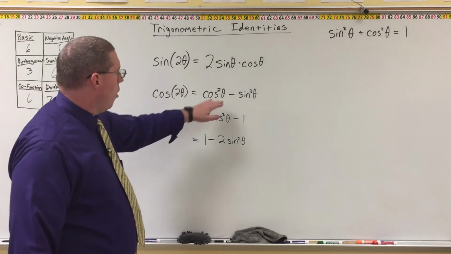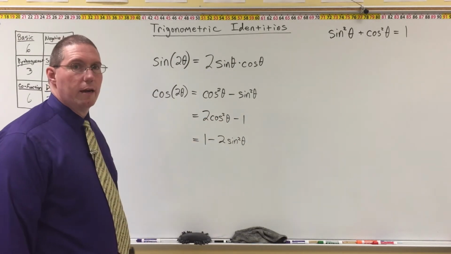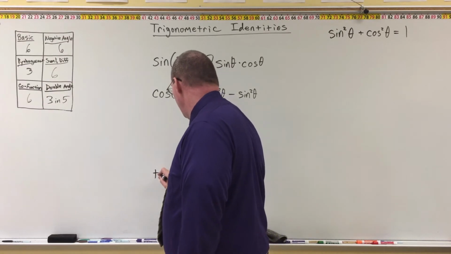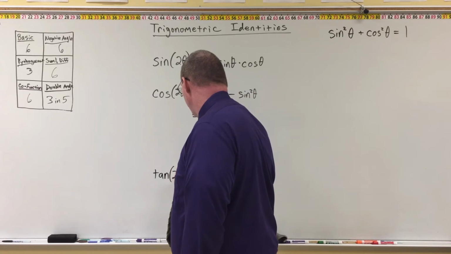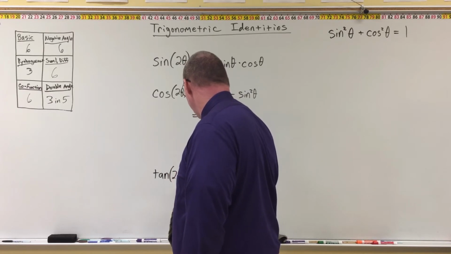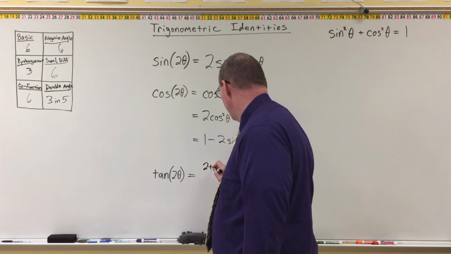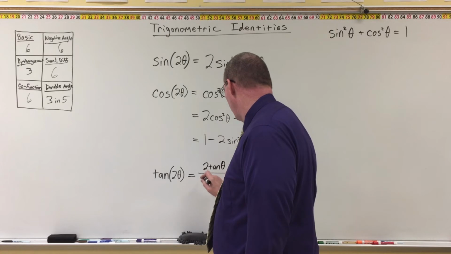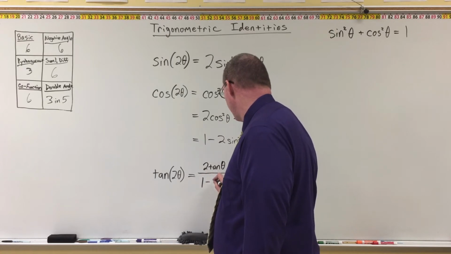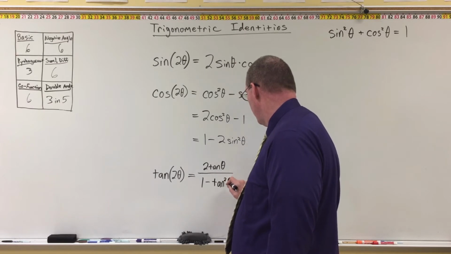Okay? So all 3 of these identities equal cosine of 2 theta. Our very last identity is tangent of 2 theta. Okay? And that's going to be equal to 2 tangent of theta over 1 minus tangent squared of theta.